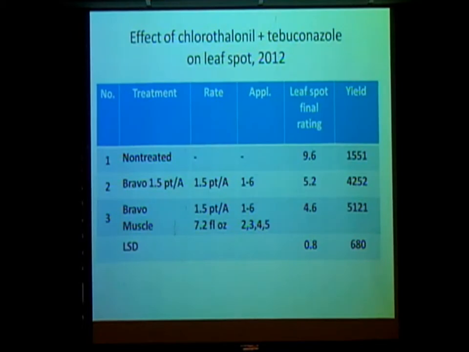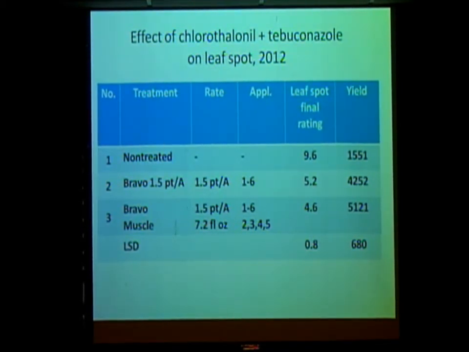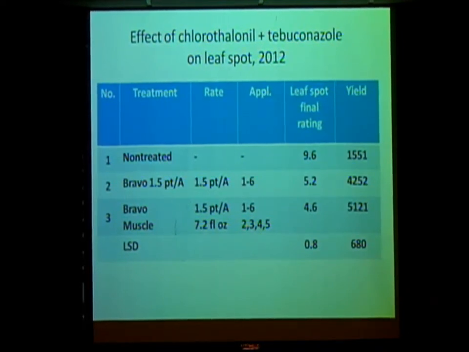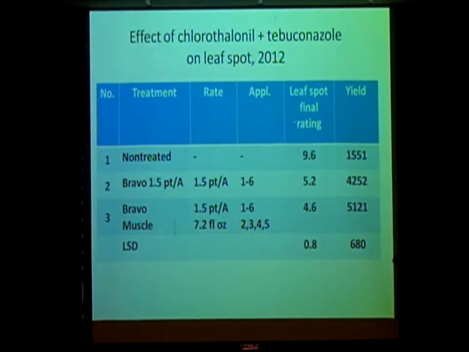Wanted to talk too about some of the standards. We've been using tebuconazole for years, still very active against white mold. In a lot of cases, we do have resistance to the leaf spot pathogens to this one, but using it in mixtures with a chlorothalonil, it still has utility.